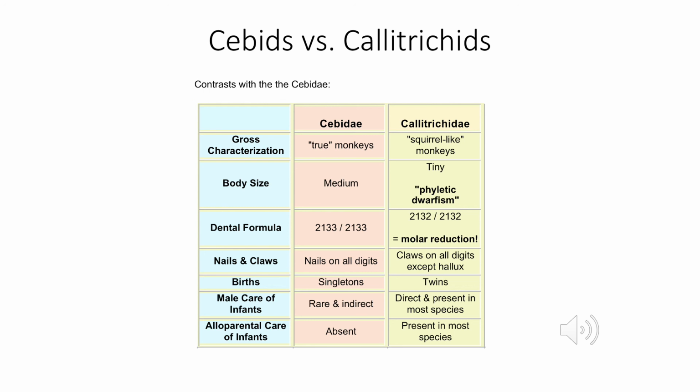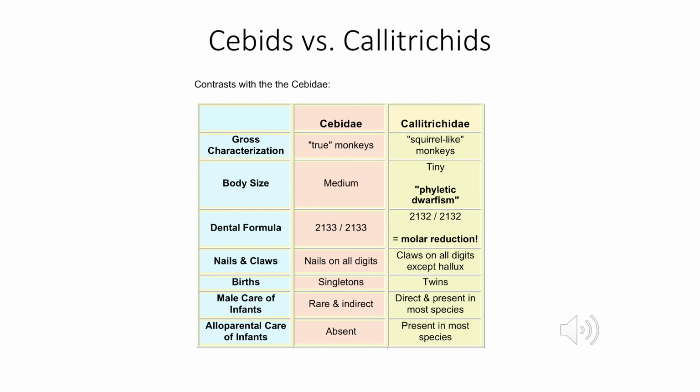These guys are tiny. They're very little monkeys, only a couple inches tall. They still have claws on all of their digits except for their big toe. They typically have twins, and care by males is direct and present. They live in a polyandrous social structure.